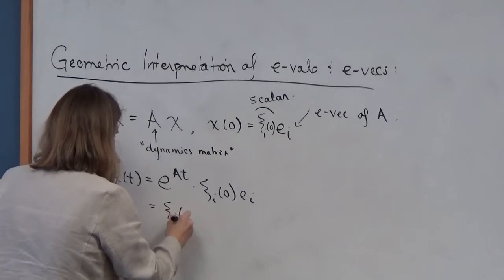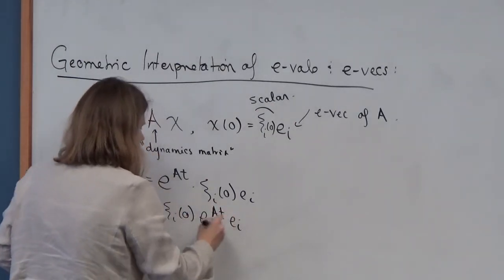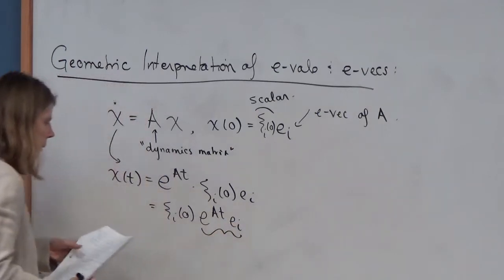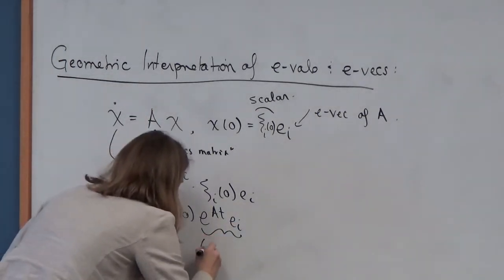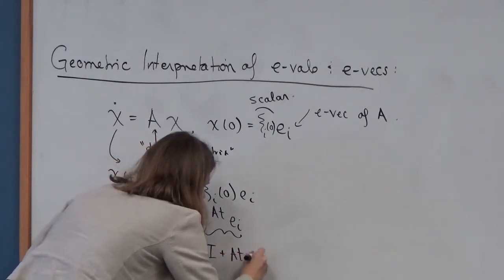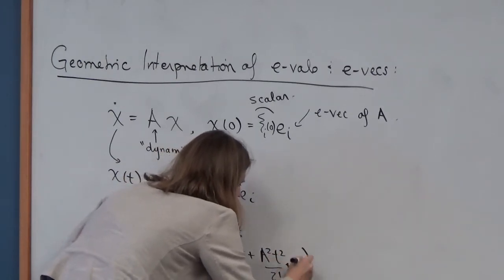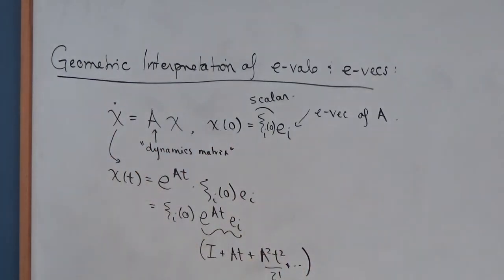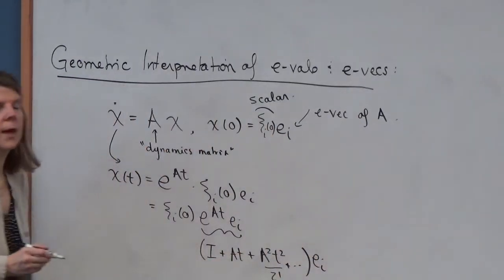Bring the constant out front: c_i0 e to the At e_i. And now let's look at that term there. We know that e to the At can be represented as I plus At plus A squared t squared over 2 factorial, and so on. And I've post-multiplied by an eigenvector of A, e_i.